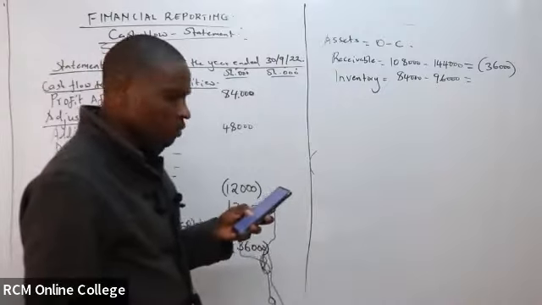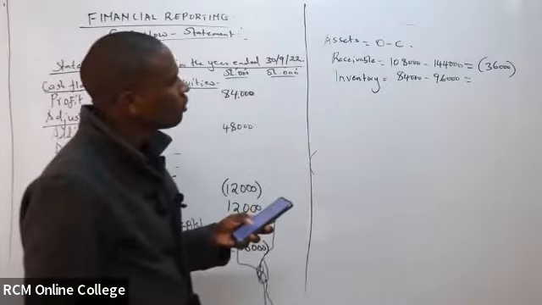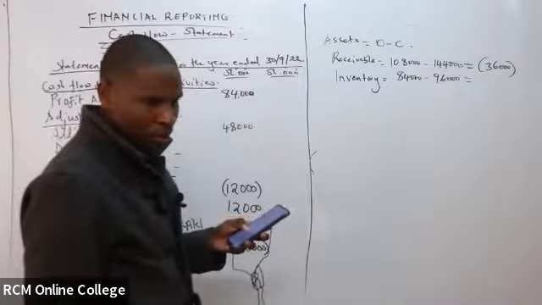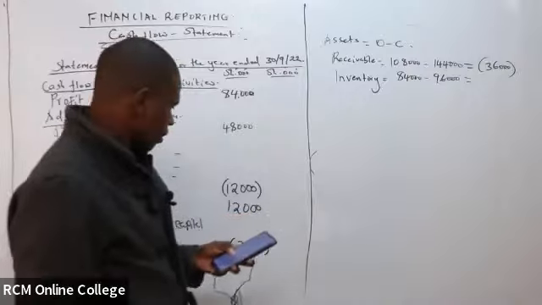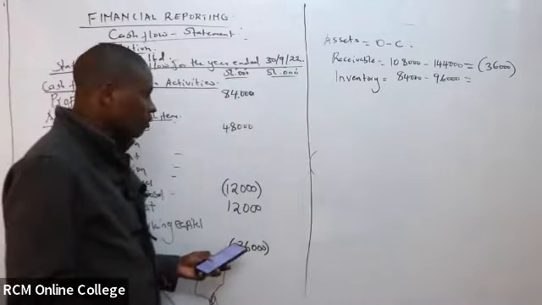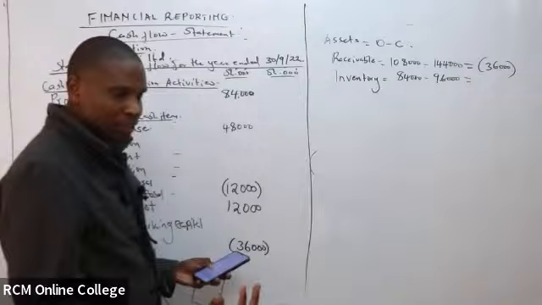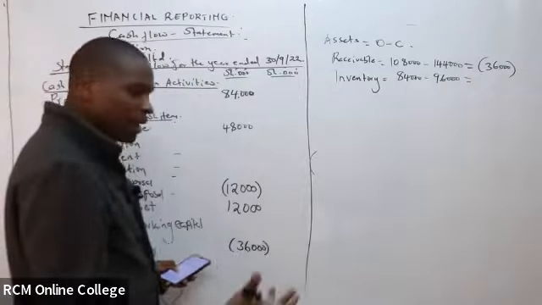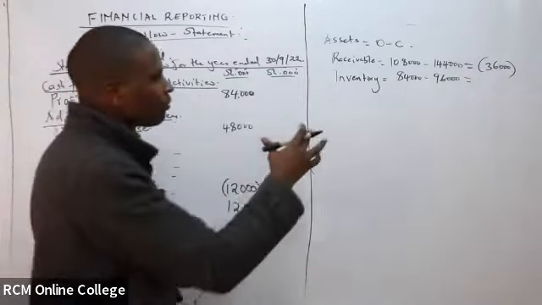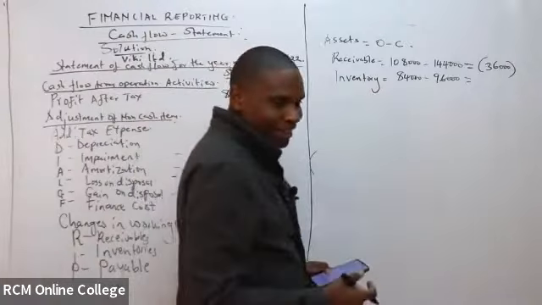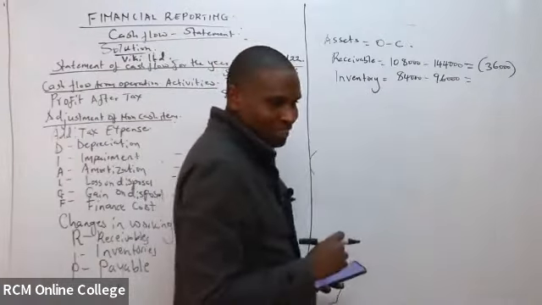Payable I was told is 144,000. Okay, payable 144. Payable I am told is 14,400. Payable, you will get there. You gave me this 12,000 which is a negative, right?